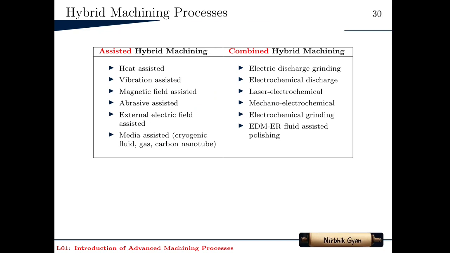So for hybrid machining processes, there are two different degrees: one called assisted hybrid machining, the second is combined hybrid machining process. Assisted hybrid machining processes are heat assisted, vibration assisted, magnetic field assisted, abrasive assisted, external electric field assisted, media assisted like cryogenic fluid, gas, carbon nanotube, etc. While combined hybrid machining processes are, for example, electric discharge grinding, where electro discharge machining as well as the grinding process are integrated.